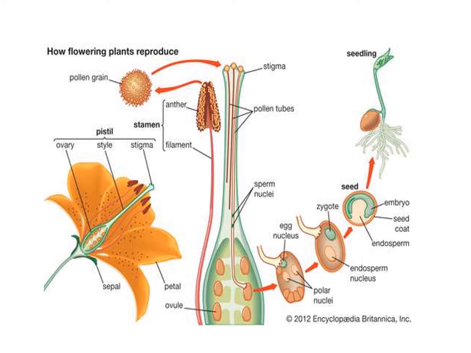The first is the formation of the male gamete, and the second is the formation of the female gamete. Some events are occurring in the stamen and some events are occurring in the pistil, or we call it carpel.